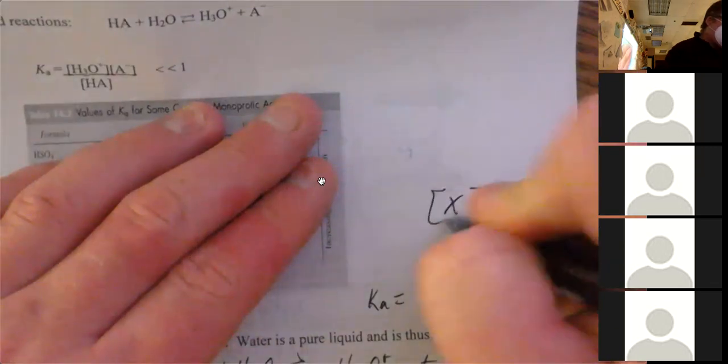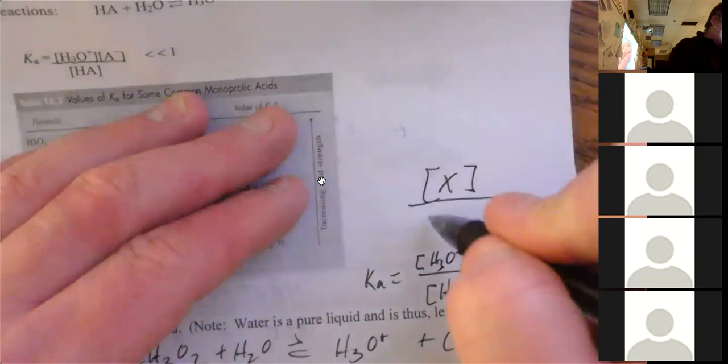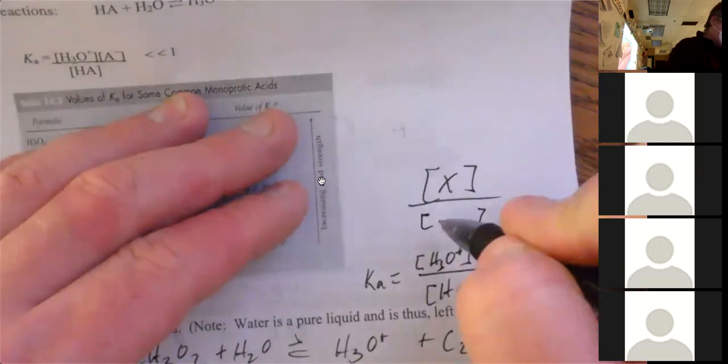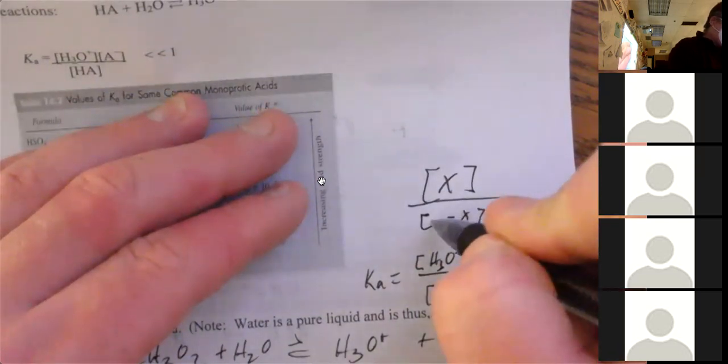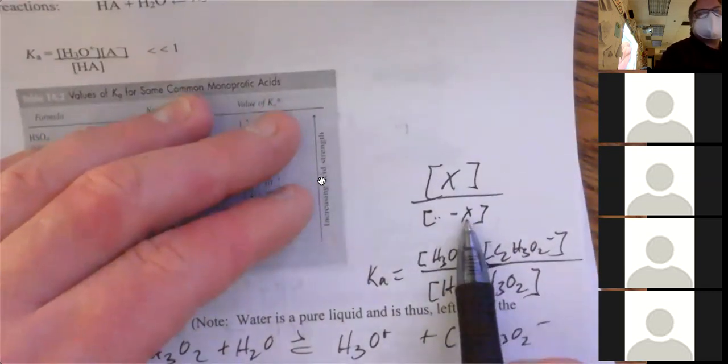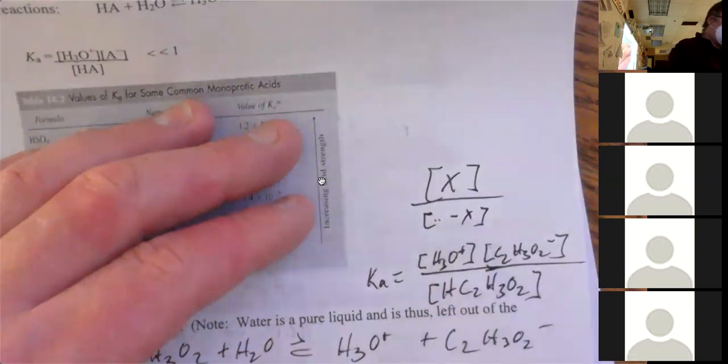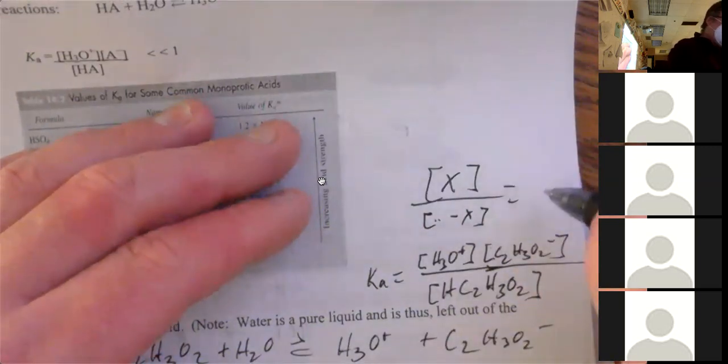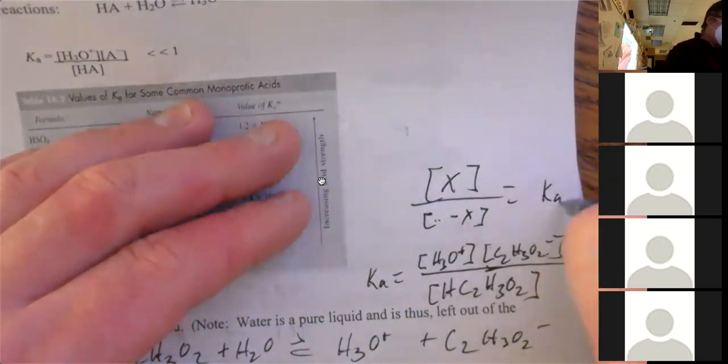So if we call both of those X, whatever this concentration is down here will be whatever it was starting minus X, but that will be very small. And this all will be equal to the Ka.